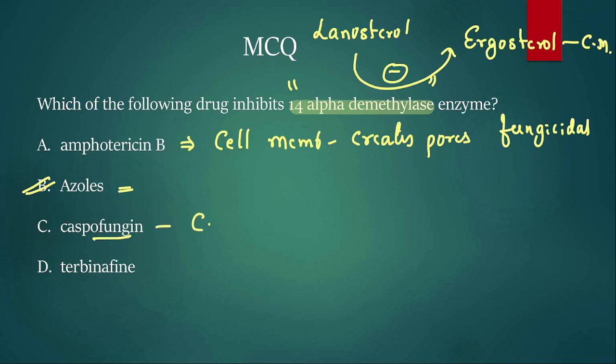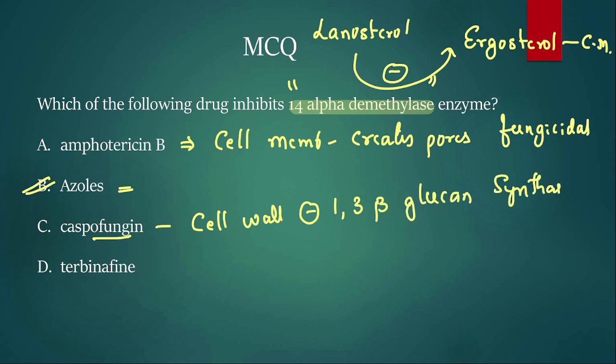Caspofungin mainly acts on cell wall and they inhibit 1,3-beta-glucan synthase in the cell wall. Terbinafine will inhibit an enzyme called squalene epoxidase.